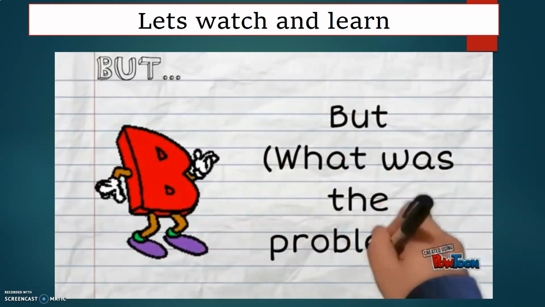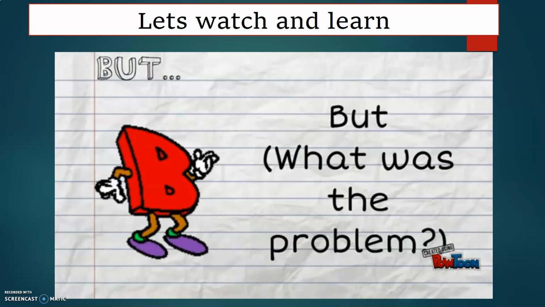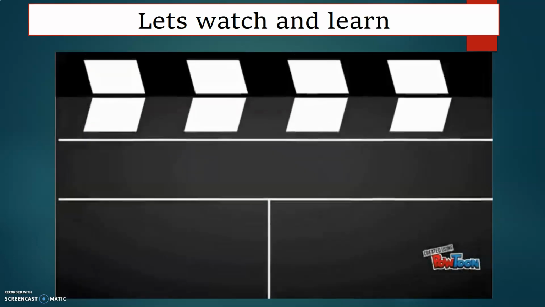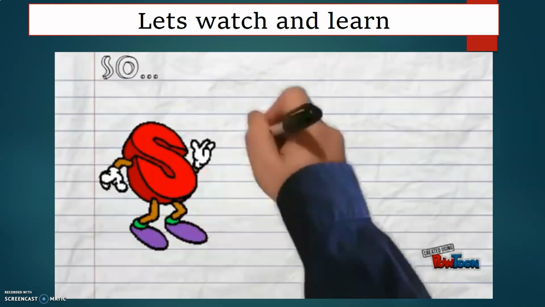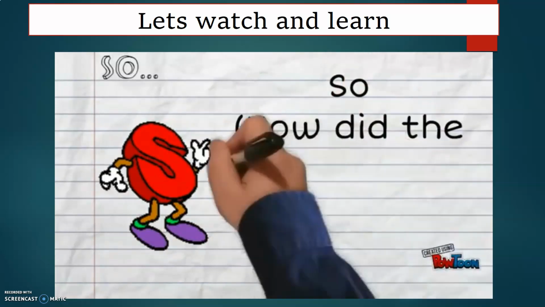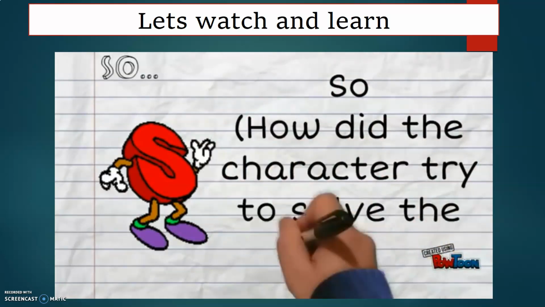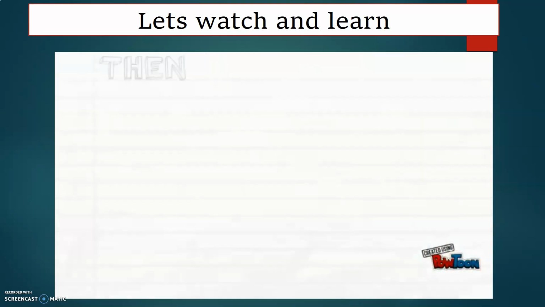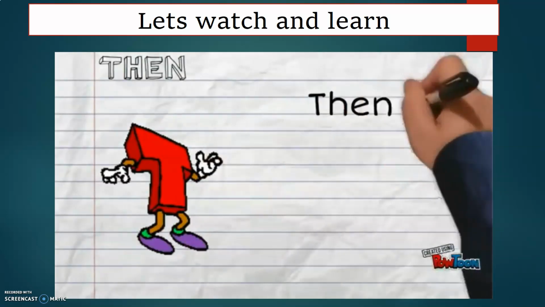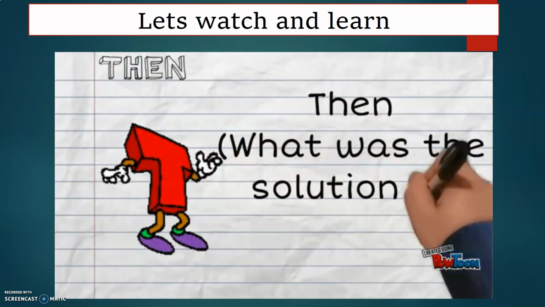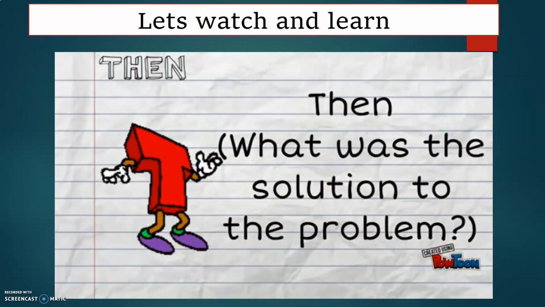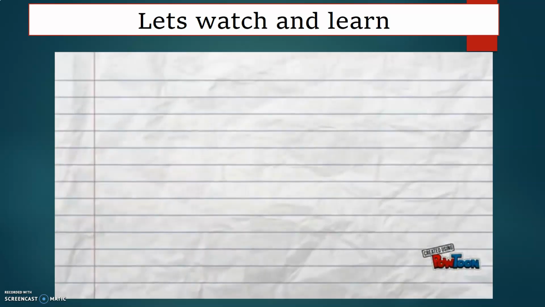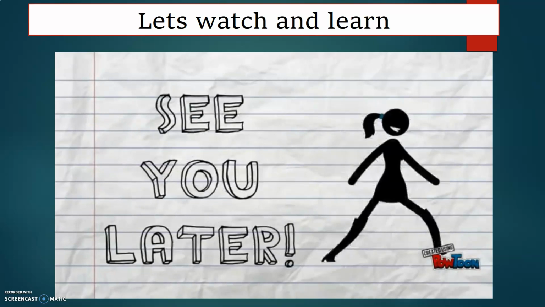But what was the problem? S. So. So how did the character try to solve the problem? T. Then. Then what was the solution to the problem? See you later.